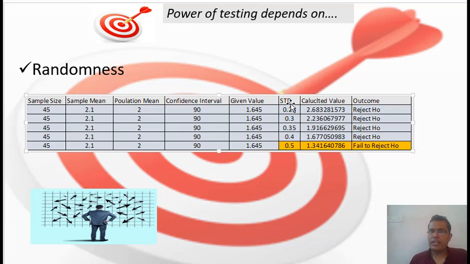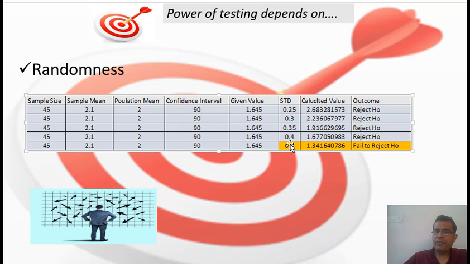At 0.25 standard deviation, the calculated value is 2.68, which is more than your 1.645. So we reject the null. And as we keep on increasing the standard deviation, you will see that the calculated value keeps on decreasing. And at 0.5, probably we fail to reject the null.